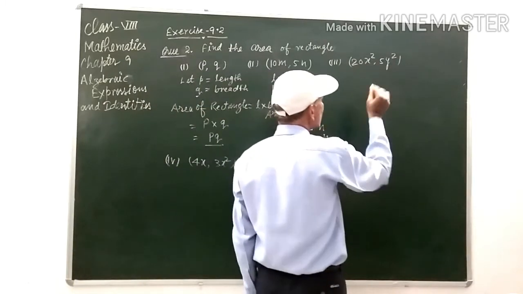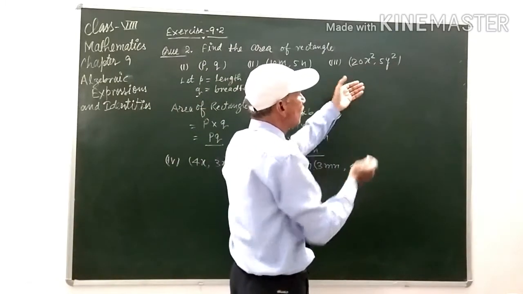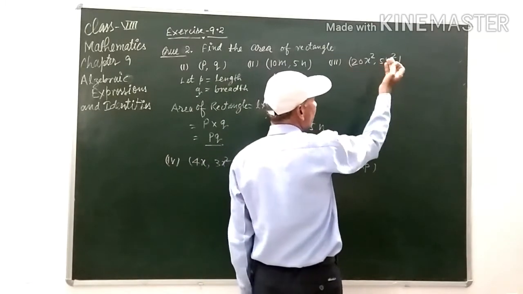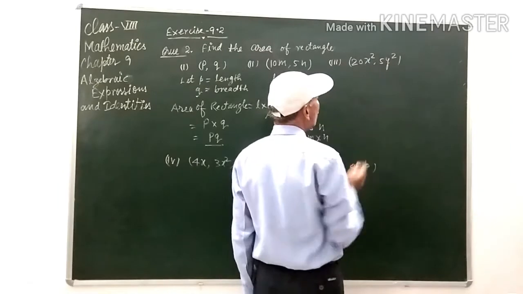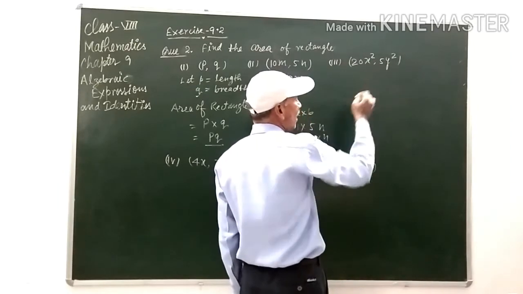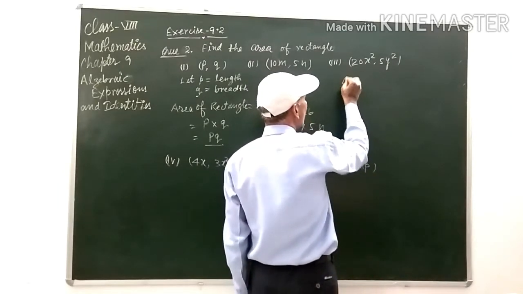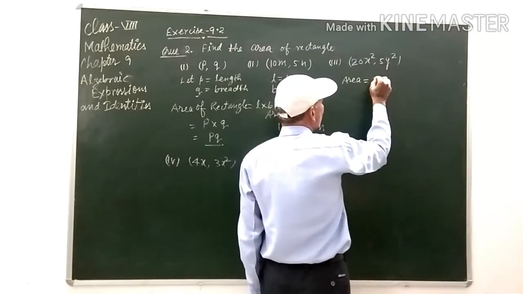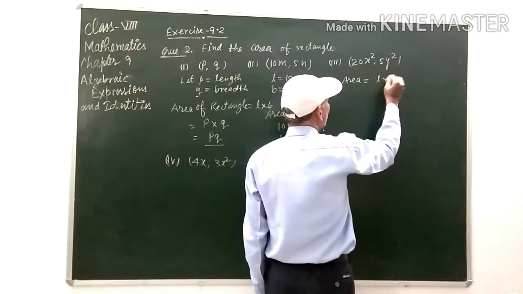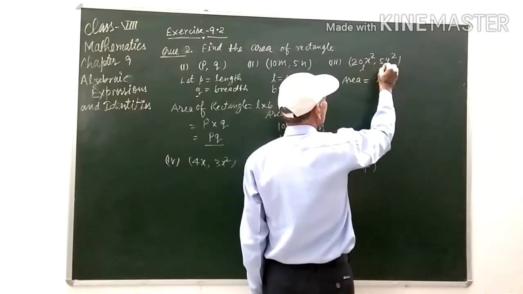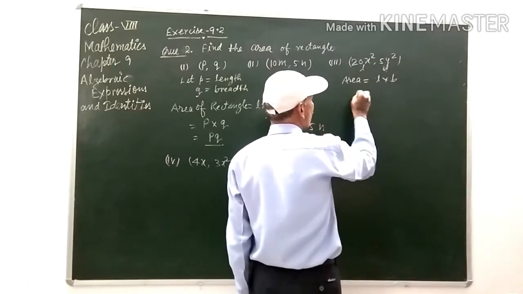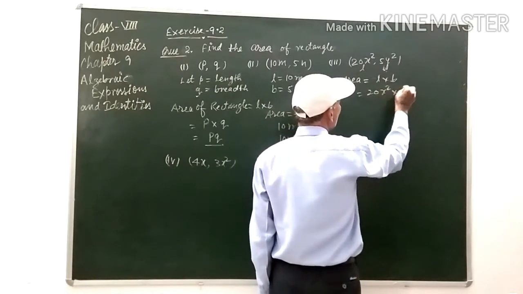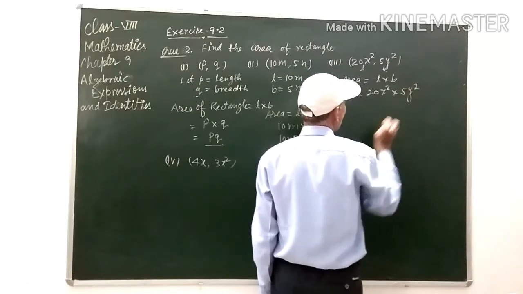And now in this you have to multiply these monomials. Okay, students. So take L is equal to 20x square and B is equal to 5y square. So area is equal to L into B. Suppose this one L and this one B. That is 20x square into 5y square.